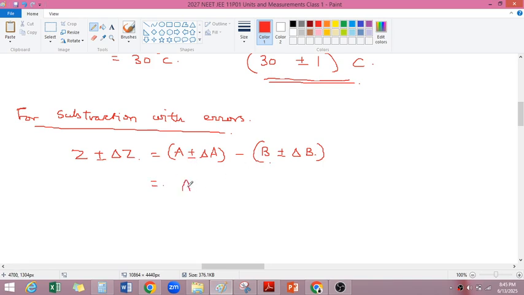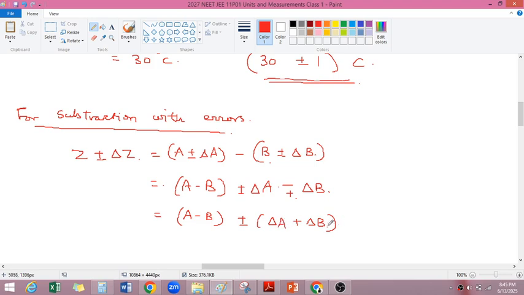So a minus b, just like what we did in the previous case, here this will become a minus b. However, if you carefully look at the second part, listen carefully, very important. Minus into plus it will become minus. Minus into minus it will become plus. So a minus b. But even though it looks plus or minus here and minus or plus here, I can take plus or minus commonly out. That means it will become delta A plus delta B.